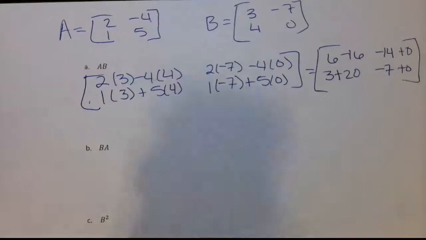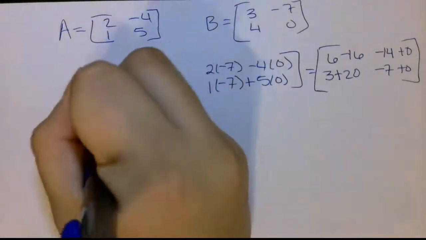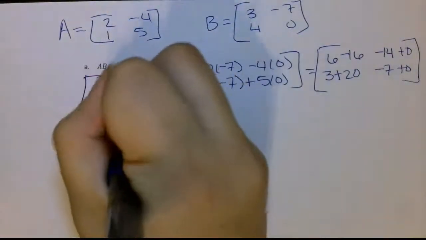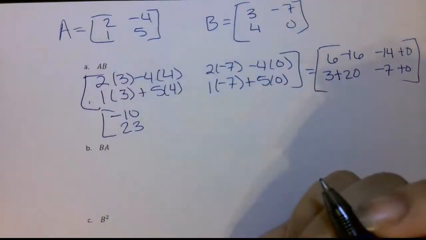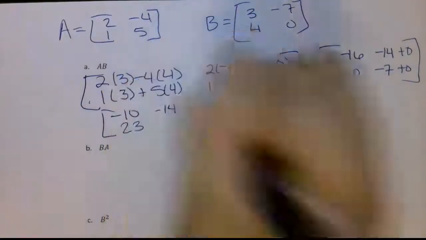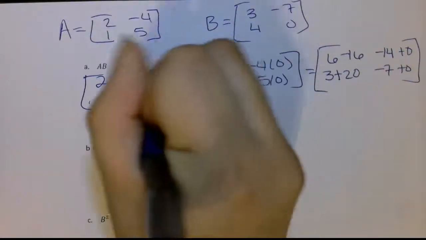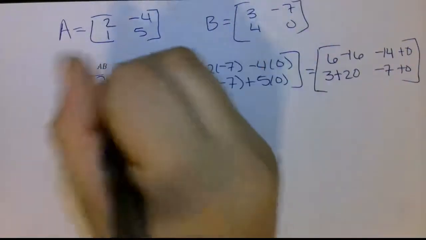Then I want to combine like terms. 6 minus 16 gives me -10. 3 plus 20 gives me 23. -14 plus 0 gives me -14. And -7 plus 0 gives me -7.